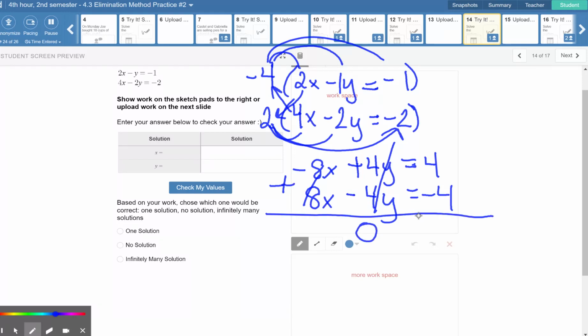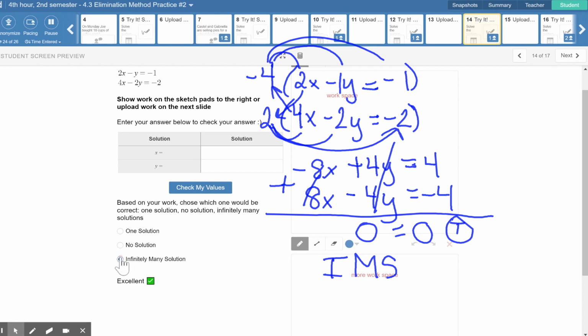So when they cross out, do not write the x or y. And then 4 plus negative 4, once again, is a true statement. So our true answer is infinitely many solutions. Let's confirm. Click that. Yes, we did it right. And remember, the x's and y's wipe out, so we don't have to fill out that table.